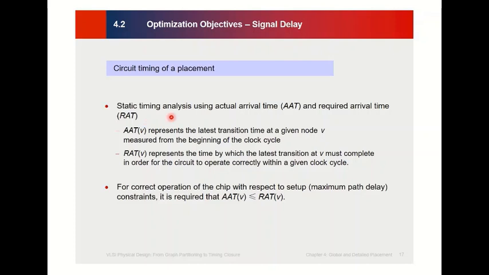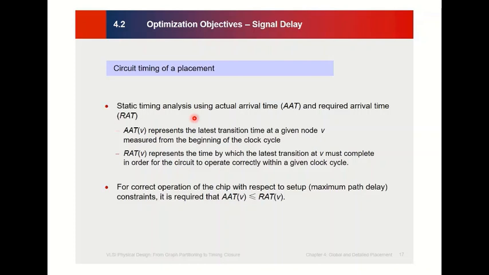Actual arrival time is the signal delay from the clock transition until the signal arrives at node V. For example, node V is the input of a flip-flop. So it is the time from the beginning of the clock transition until the signal stabilizes at the D input of the flip-flop.